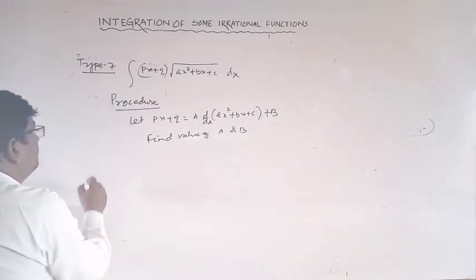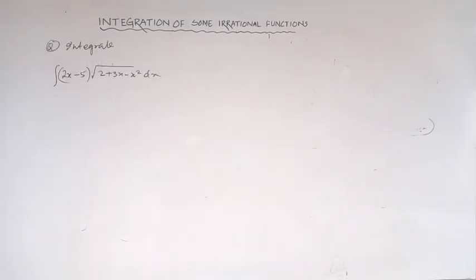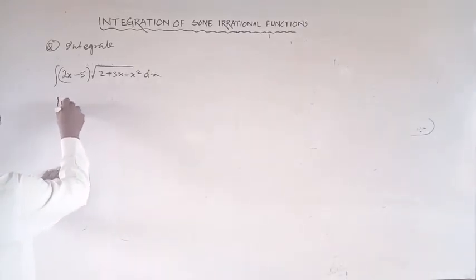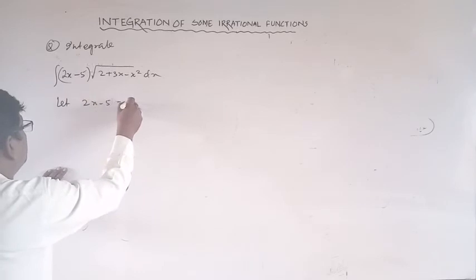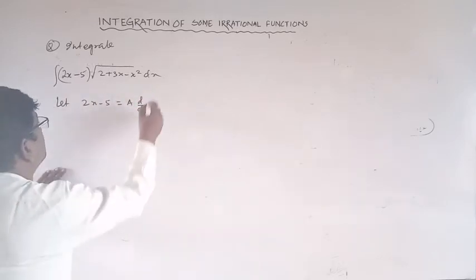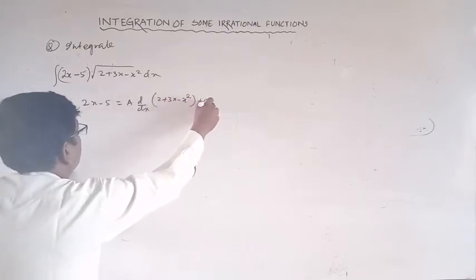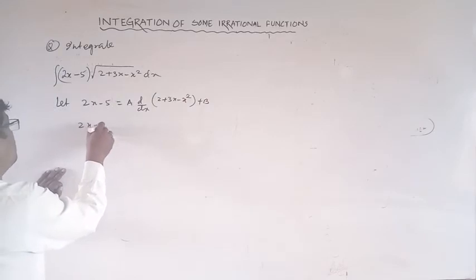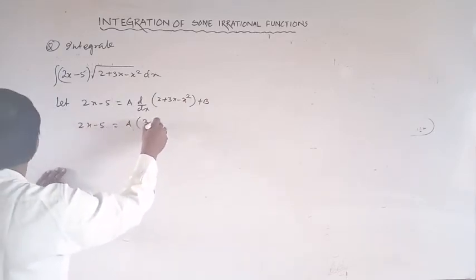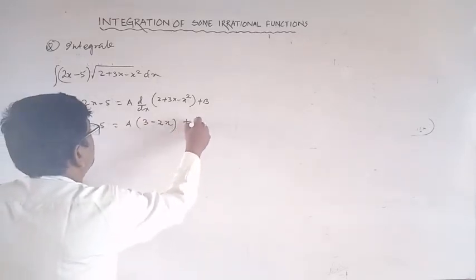Now one question: integrate this. So let 2x minus 5 is equal to a into d by dx of 2 plus 3x minus x square, plus b. So 2x minus 5 is equal to a into 3 minus 2x, plus b.